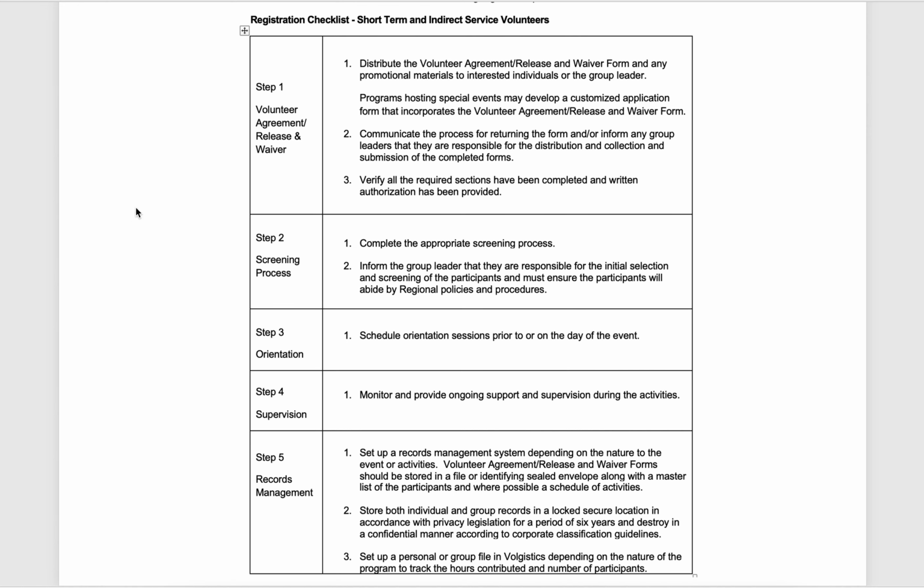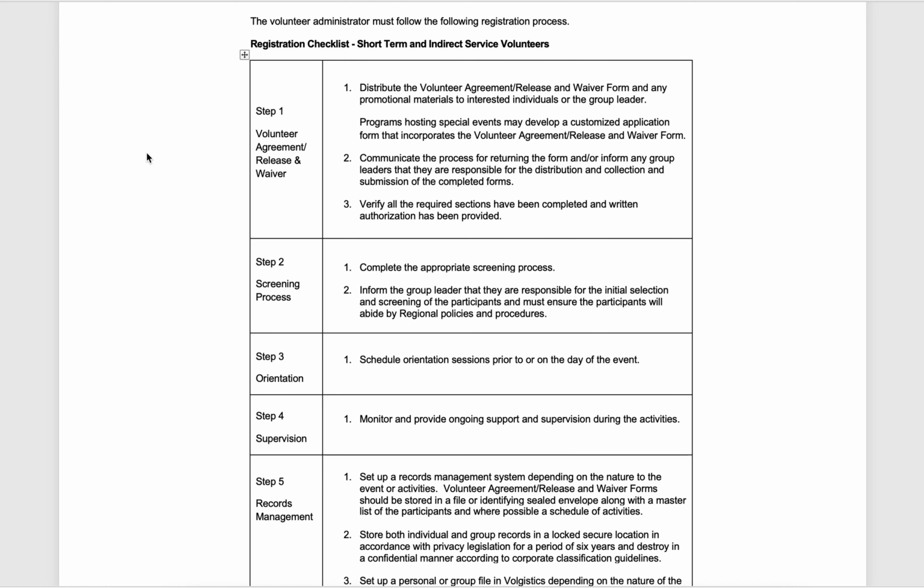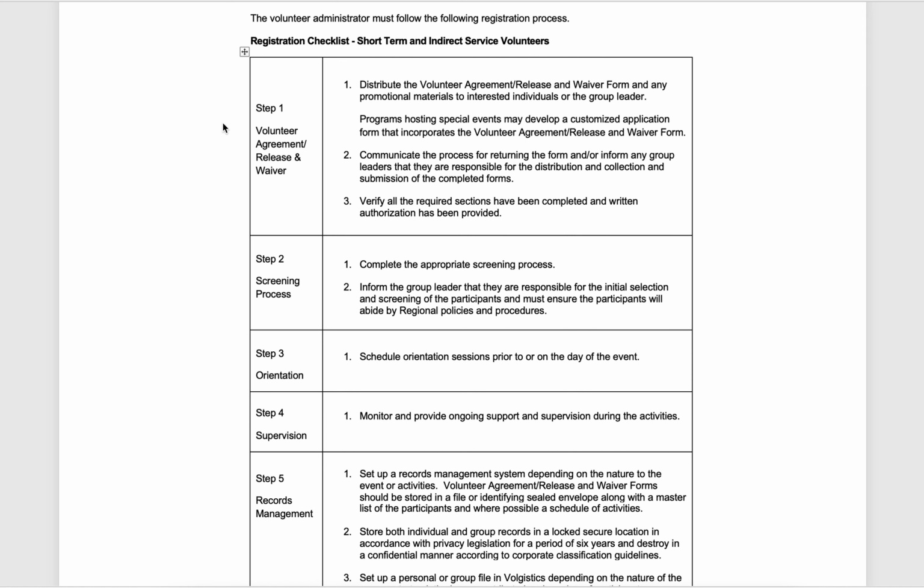This policy and procedure uses a chart format. And if we scroll to the top here, we can see the volunteer administrator must follow the following registration process. And it's broken down into a chart.